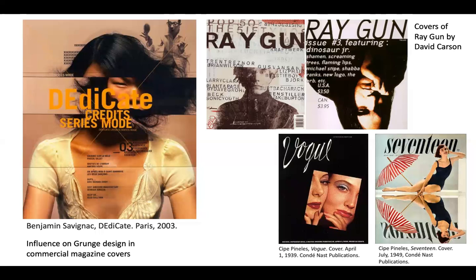But if you wanted to make a statement about your position in the design world, then Benjamin Savignac has clearly found a way, right? Not imitating per se the style of Carson, which has been imitated quite a lot, but rather imitating the attitude, this kind of dismissive attitude towards the international style and now established principles of design that we see.